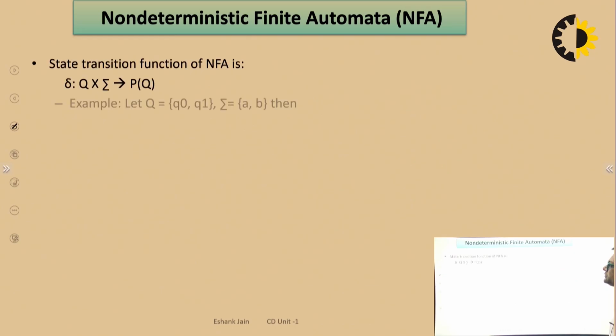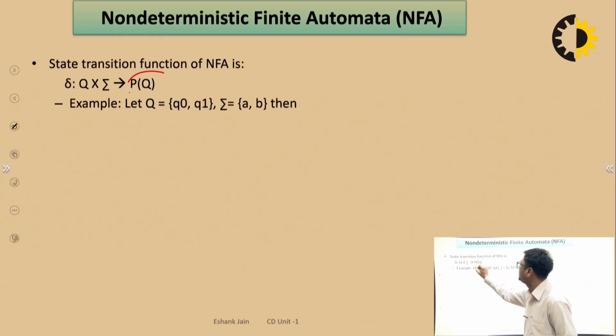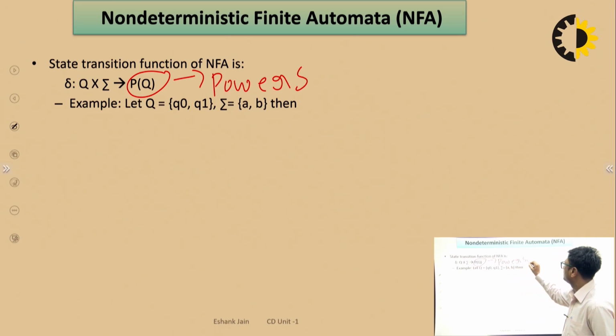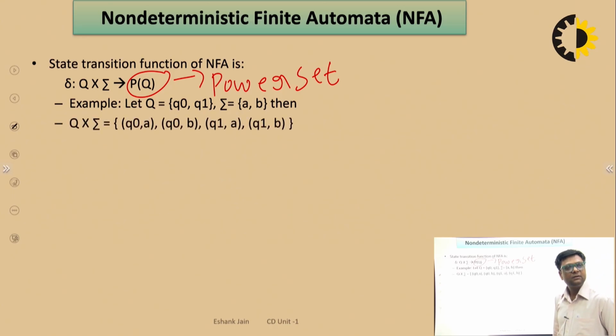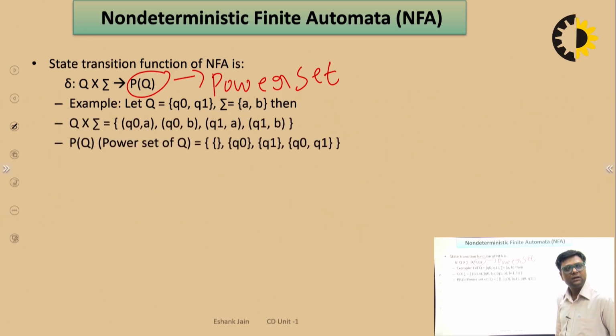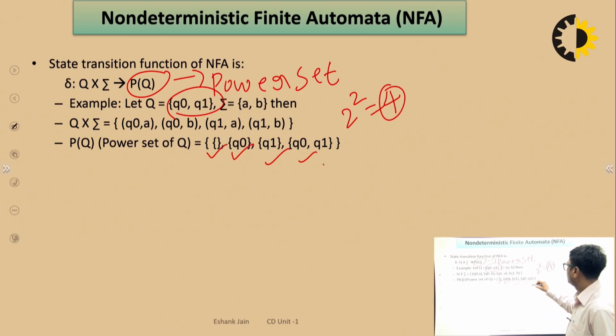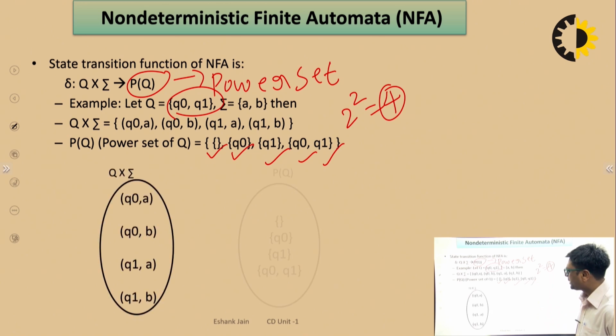In non-deterministic, the important thing is the power set of Q. So this is the power set of Q. If there are 2 states, then 2 to the power 2, that is 4 states. This is the mapping function.